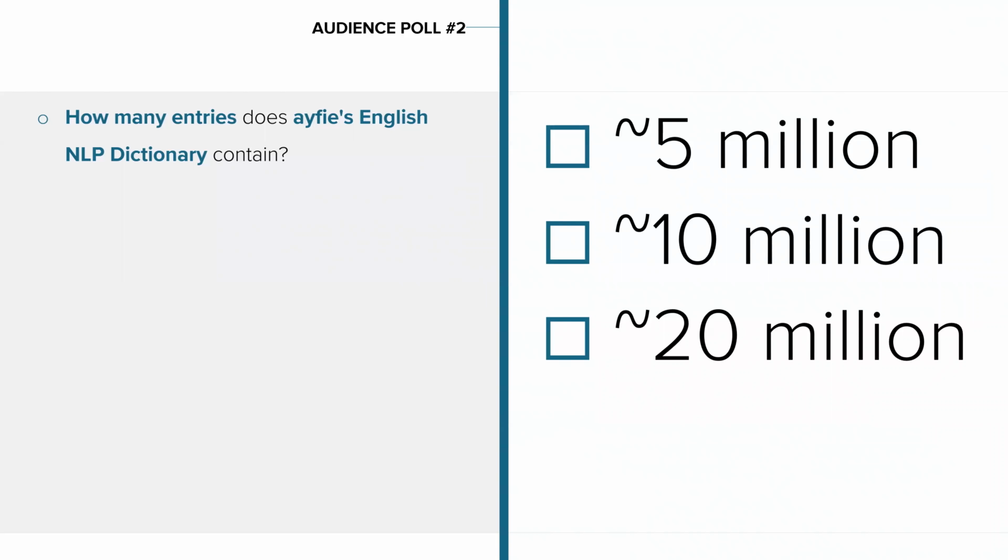Okay, we'll take a look at the results here. All right, I'll display this here. Yeah, most people are definitely on the right track here with this one. The answer is about 20 million. And 64% of the respondents got that one correct. So on the next slide, we'll help explain how this works in more detail.